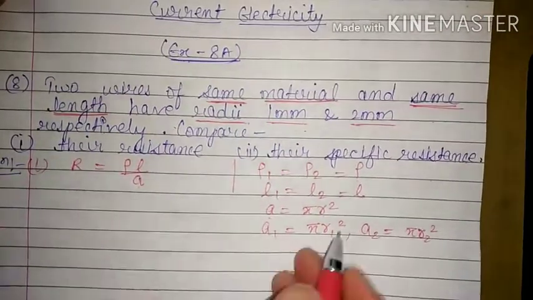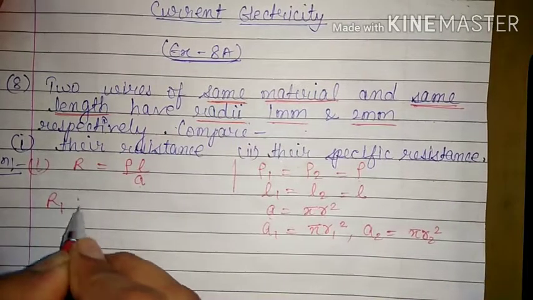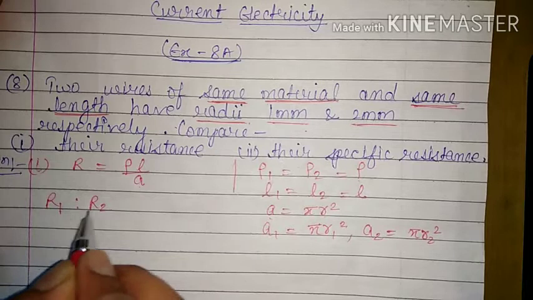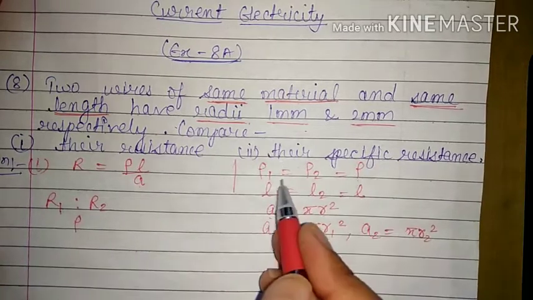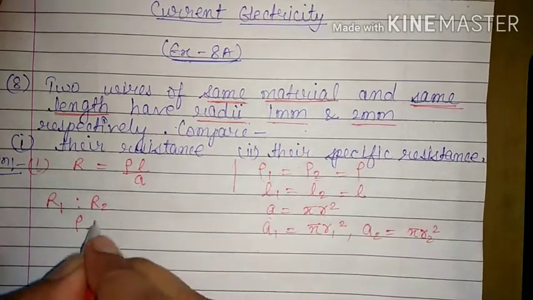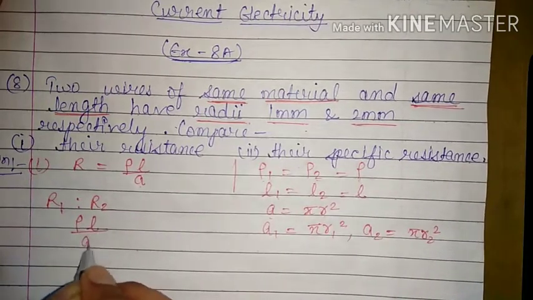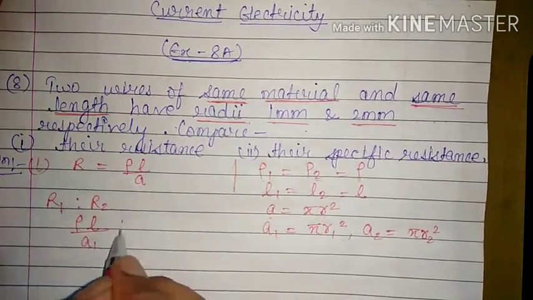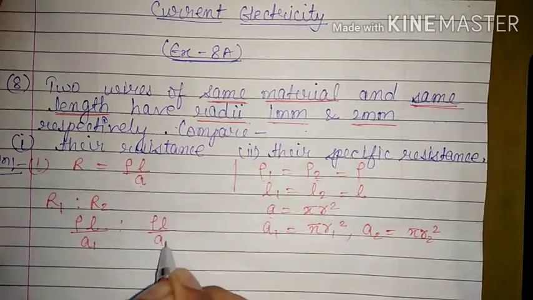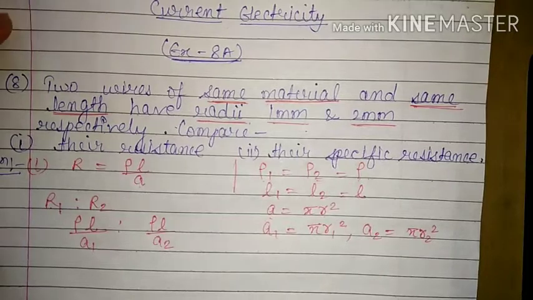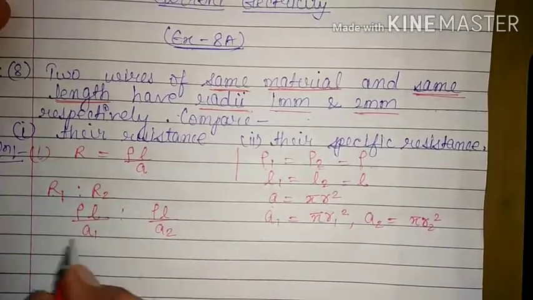Now we want the ratio R1 to R2. We know that R1 is equal to rho L upon A1, ratio rho L upon A2, because rho and length are the same for both the resistances.